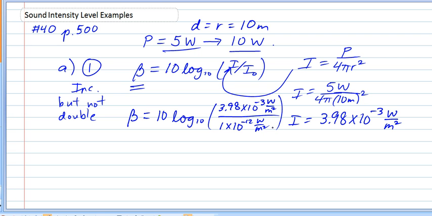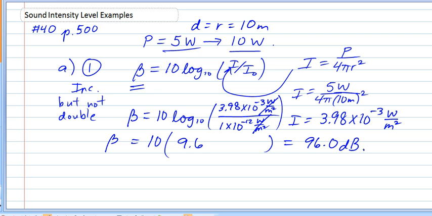And so, like any self-respecting logarithm, the units cancel out, and this entire log term turns into about 9.6, because 10 to the negative third is about 9 orders of magnitude, or 9 factors of 10, larger than 10 to the negative 12. That's how the logarithm works. Another logarithmic scale is the Richter scale for earthquakes. But anyways, this gives us about 96.0 decibels.